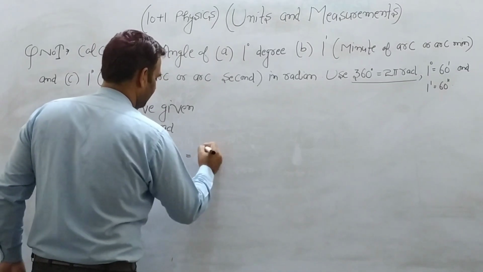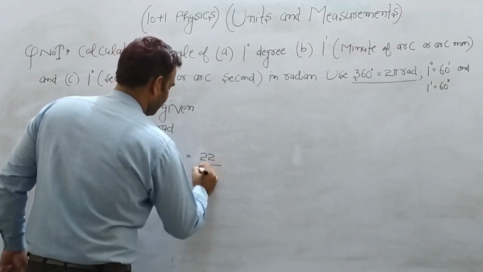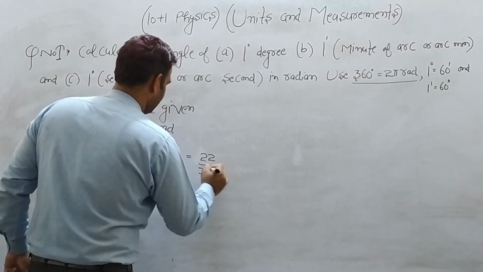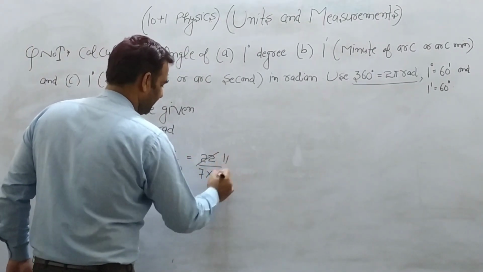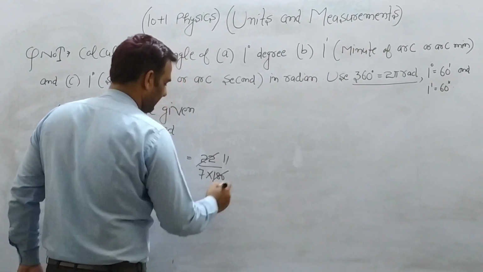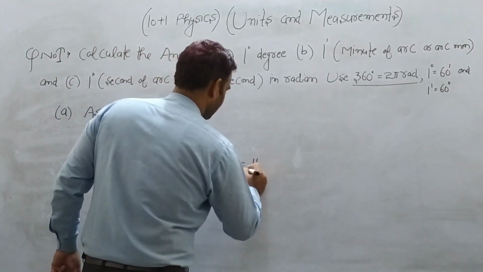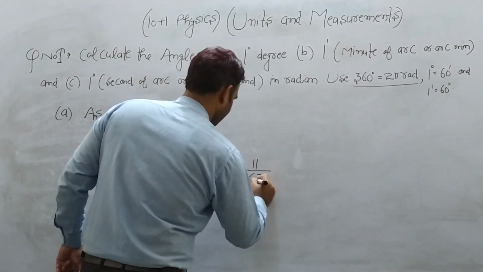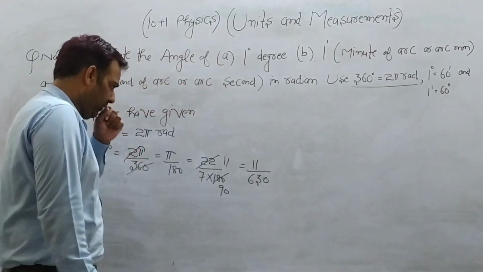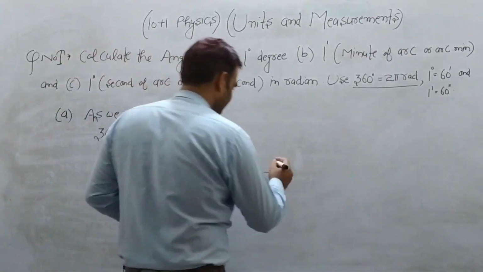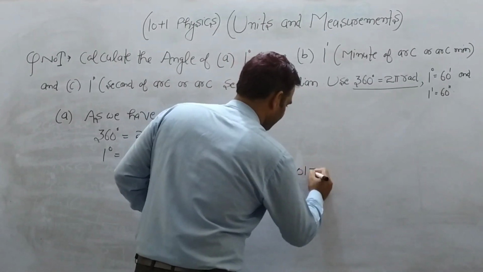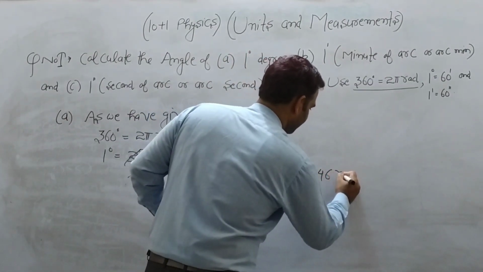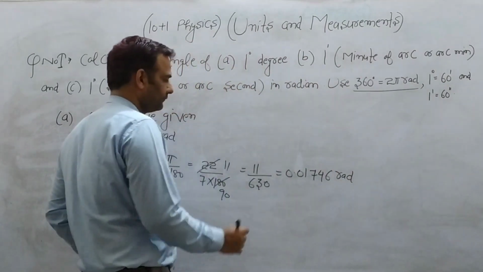What is the value of pi? 22 by 7 into 180 divided by 2, 11, 90, 11 upon 630. And whenever we solve it, we get the result 0.01746 radian.